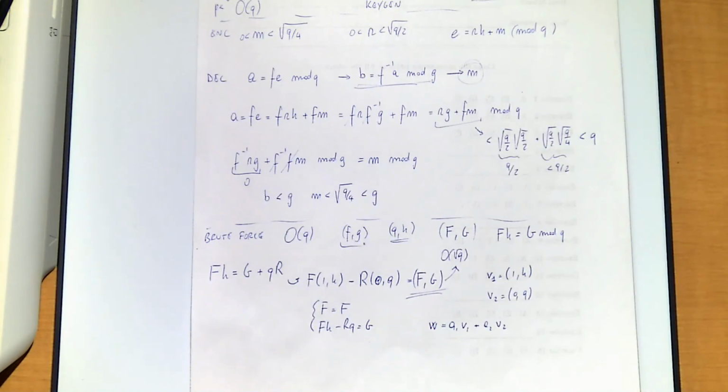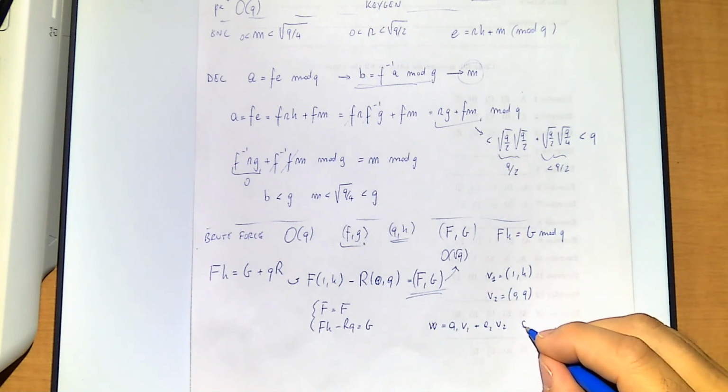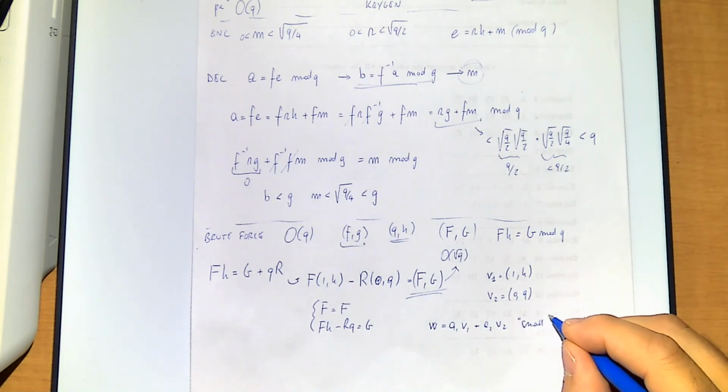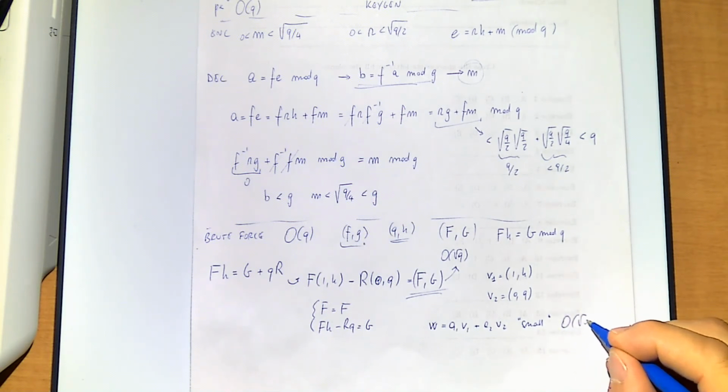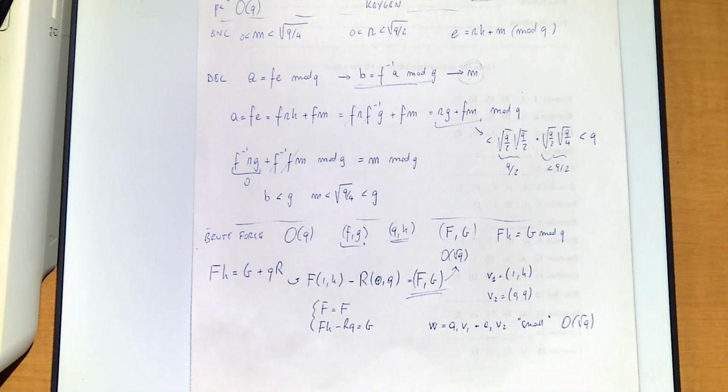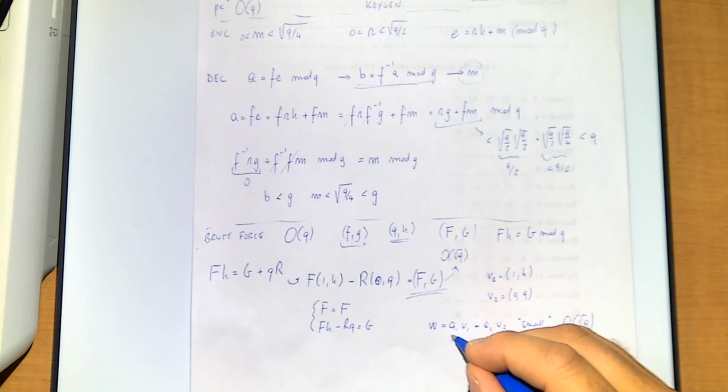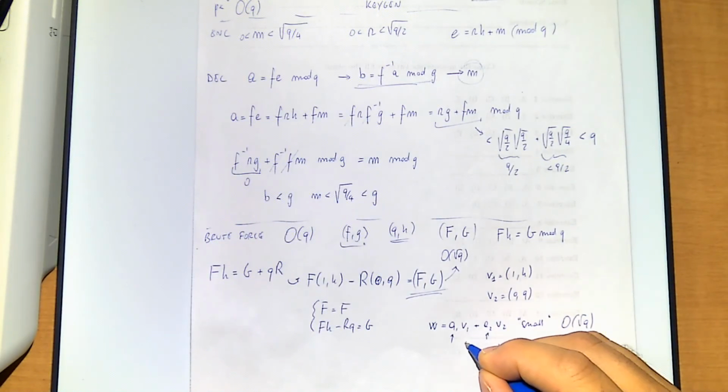Okay? So W is small in the sense that it is O of square root of Q. That's a vector now, so that means component by component. And of course, A1 and A2 are integers.